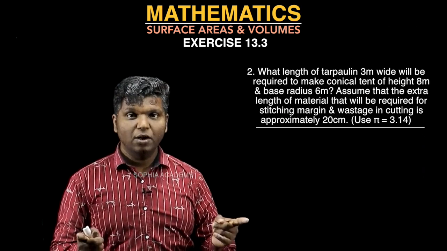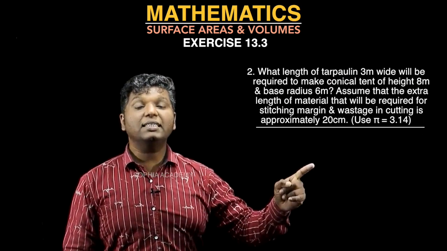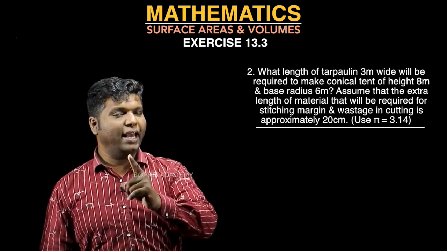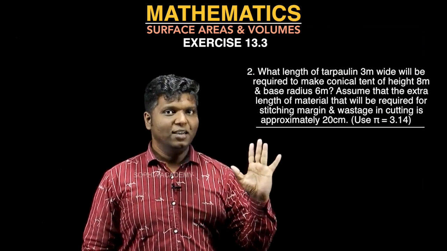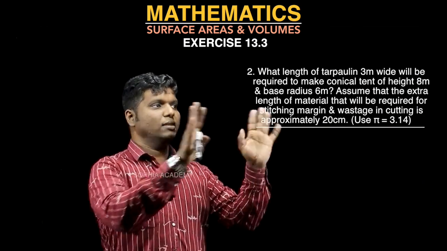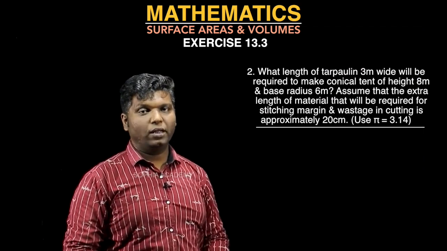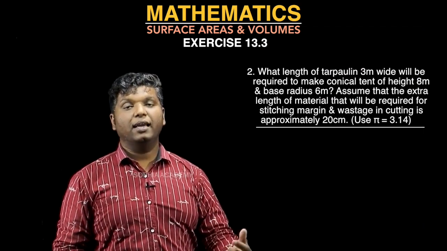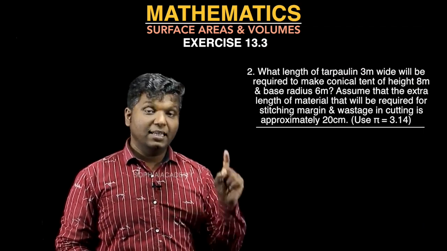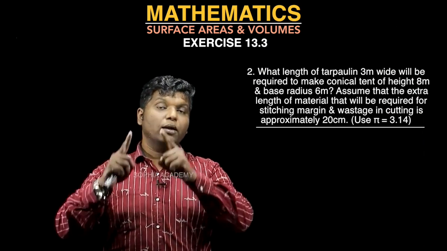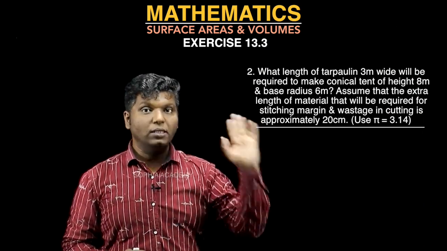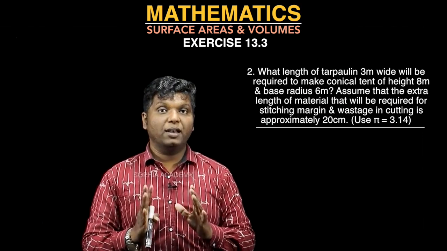In other words, we can say that the CSA of the tent is equal to the area of the rectangular shaped tarpaulin. Is that clear? You are taking the tarpaulin, folding it, and making it into a conical shape. So the curved surface area of the conical tent is exactly equal to the area of the rectangular shaped material or the tarpaulin. This should be there in your mind.